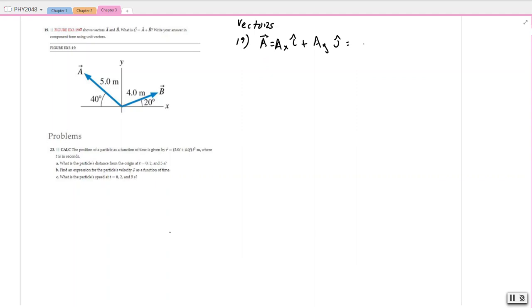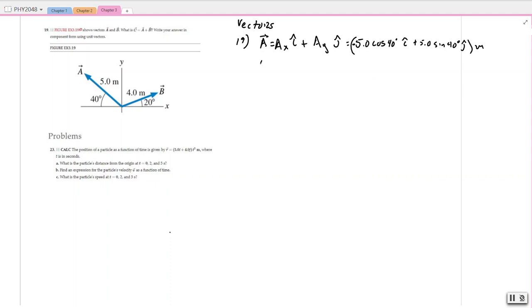Of course, a sub x would be in this case a cosine of the angle, so it would be 5.0, I will enclose this in parentheses, 5.0 cosine of 40 degrees i, with a negative sign, because we know that the x component of the vector A will be negative, plus 5.0 sine of 40 degrees j, and this is in meters.